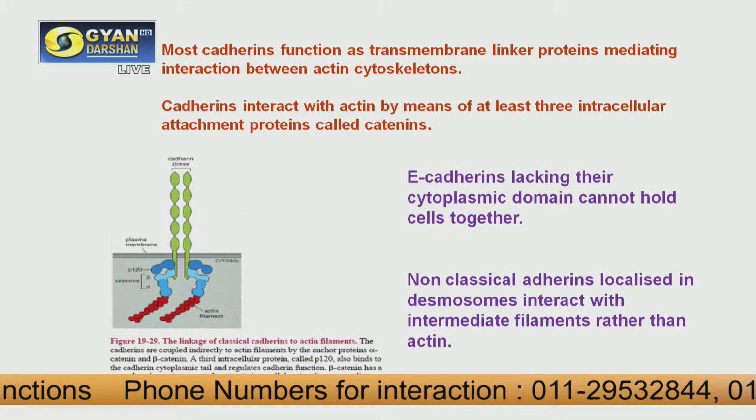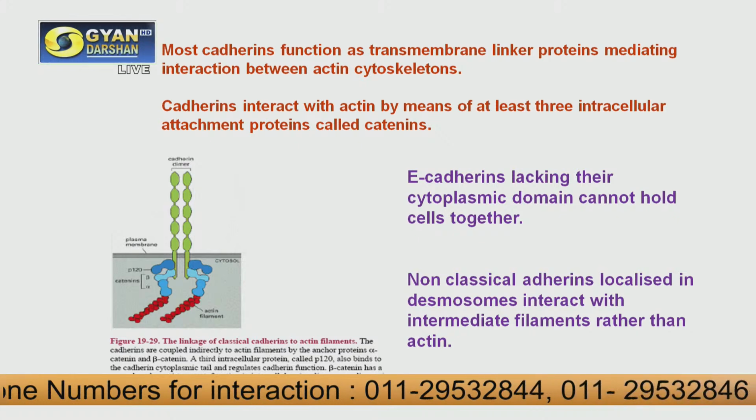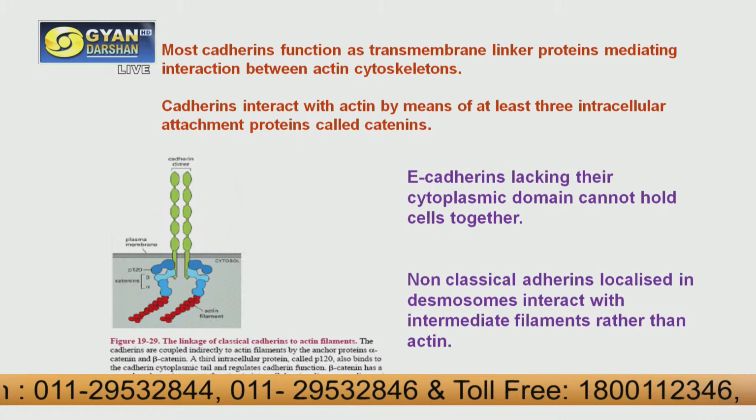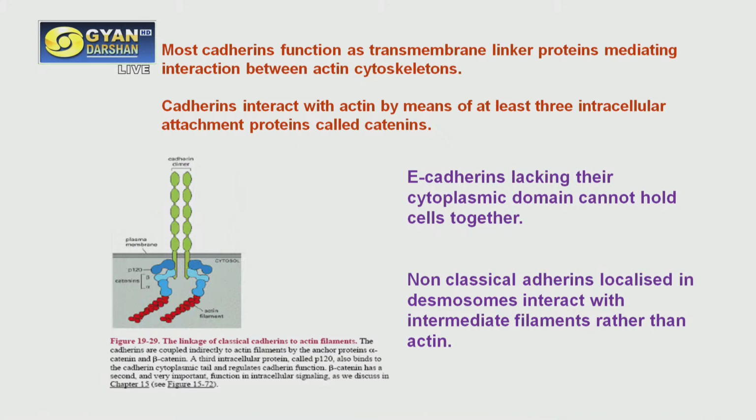So the extracellular part of the cadherin is mostly involved in communicating with an adjacent cell or mediating anchorage with the adjacent cell, whereas the cytosolic tail portion is actually responsible for interaction or anchorage with the actin cytoskeleton.